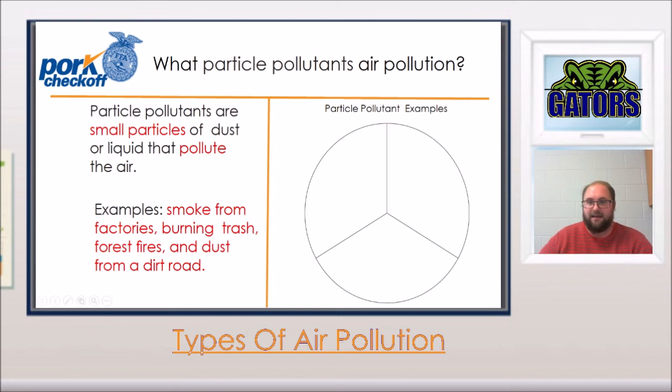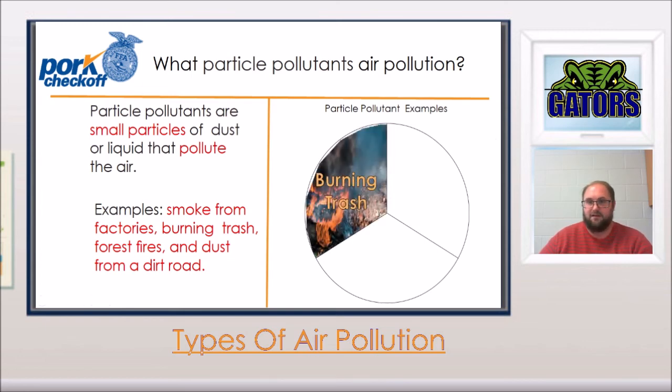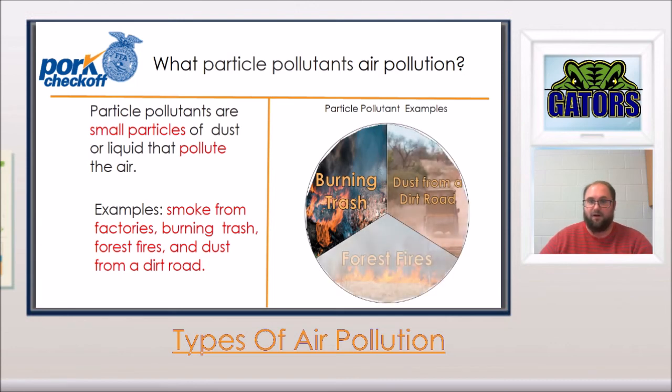But other examples could be burning trash, or dust from a dirt road, or forest fires. These are examples of when particles of smoke and ash and debris and dust get pulled up into the air, into the wind.